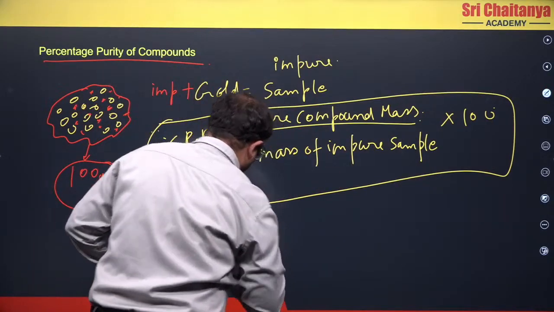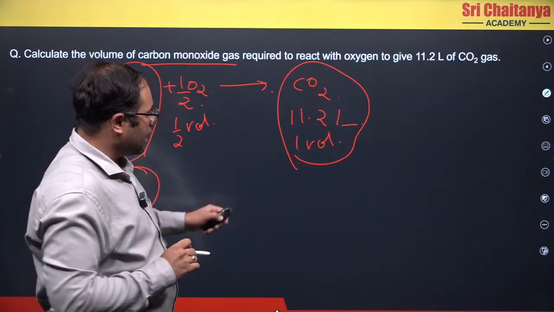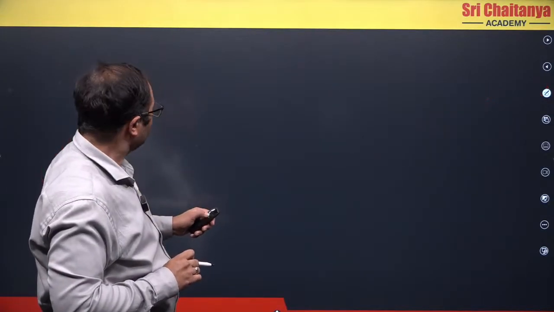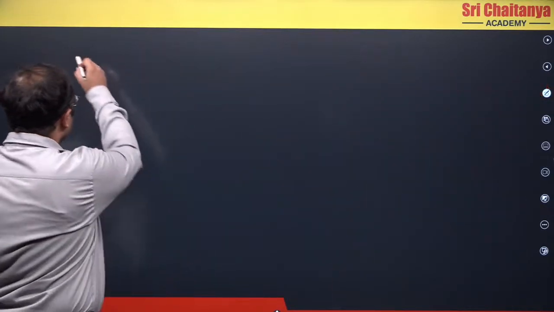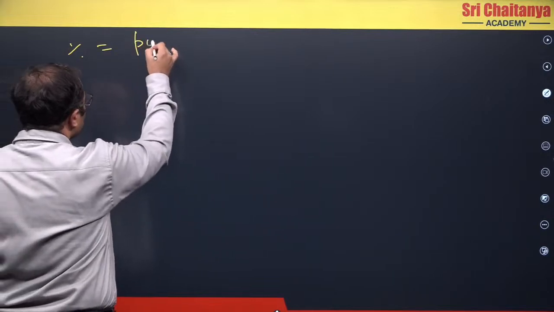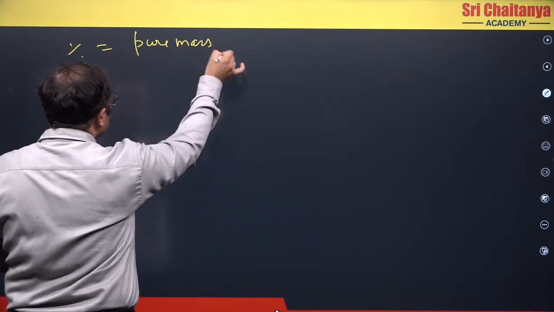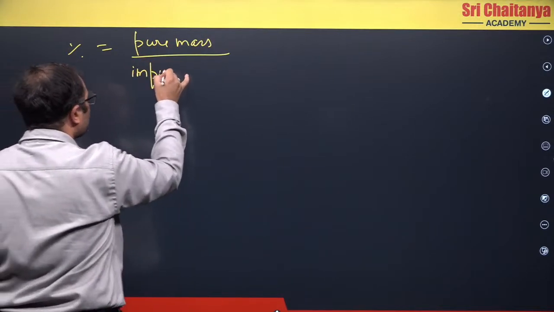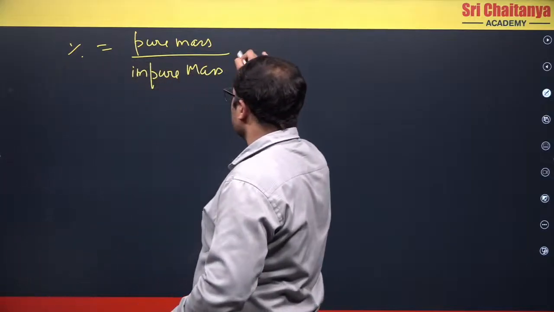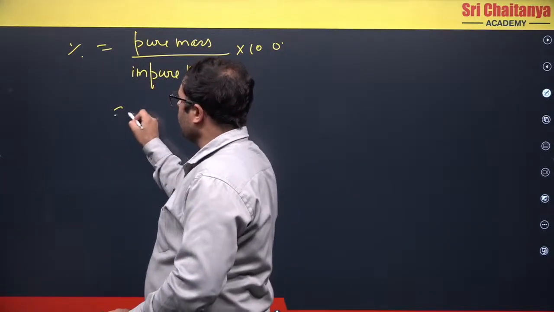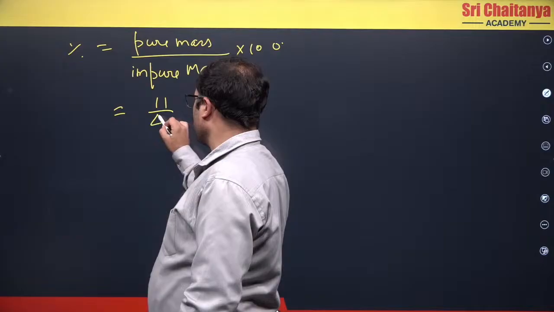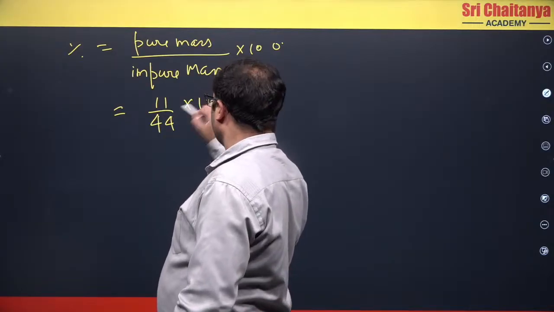So let us get back to this equation. Percentage purity is pure mass by impure mass into 100. The pure mass is 11 by 44 into 100.